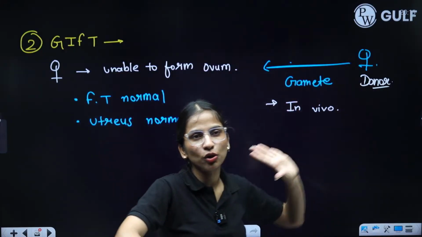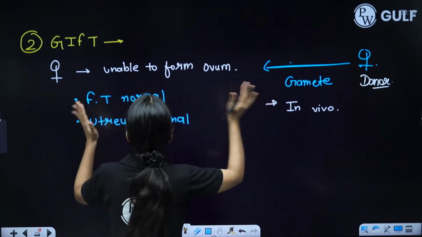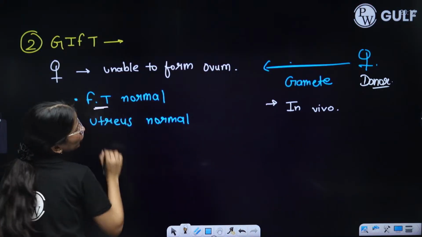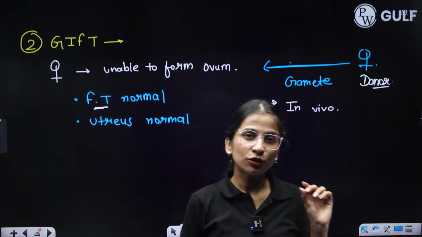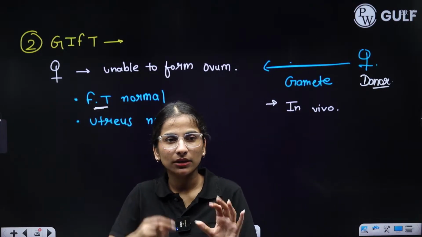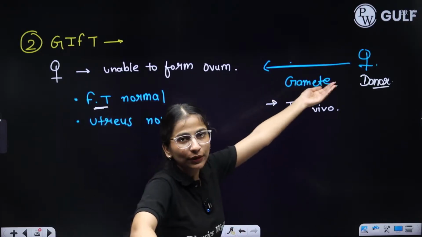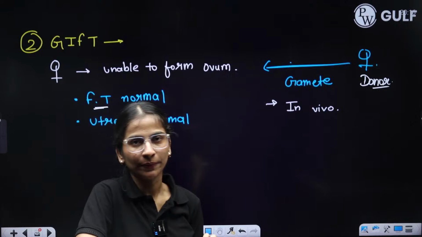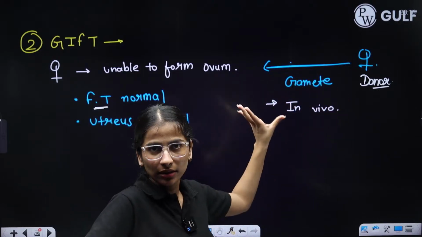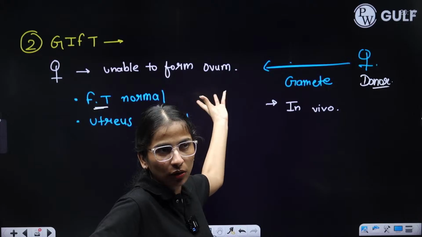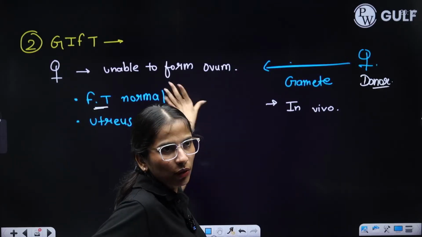The donor's only job was to donate the egg, which was transferred directly into the fallopian tube of the mother. The fallopian tube was normal, the uterus was also normal, so she could carry a baby, but the ova was not viable, so she had to take the female gamete from some other donor. So biologically the baby is going to be of the donor and the male partner of this particular female, but officially she is termed the mother.